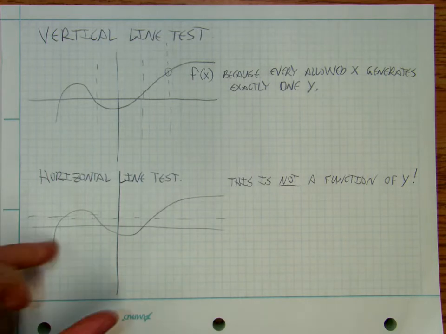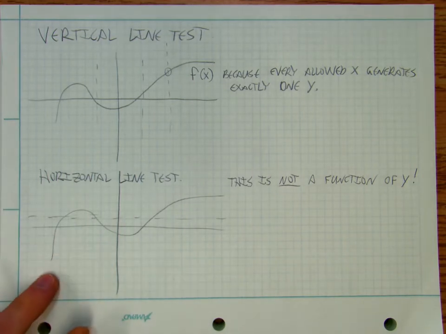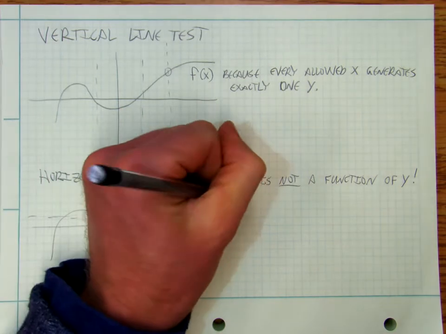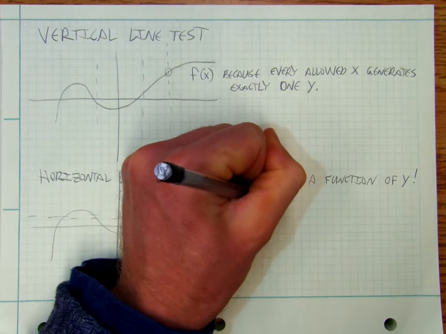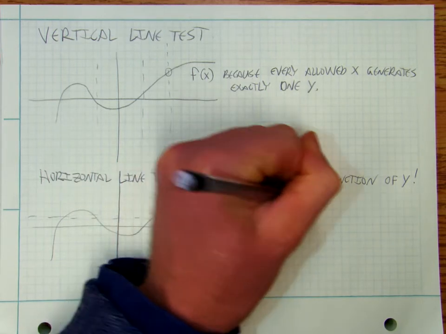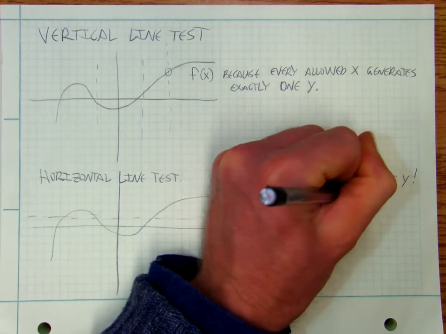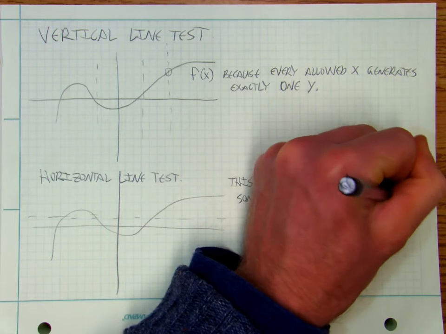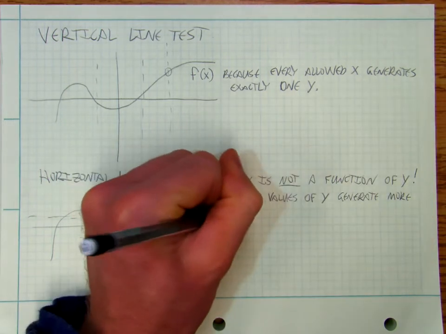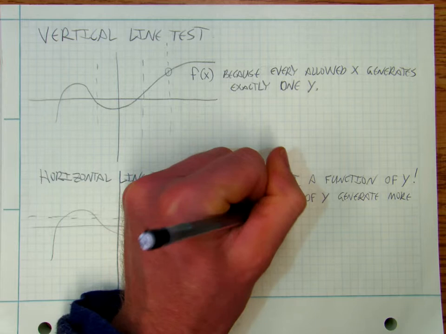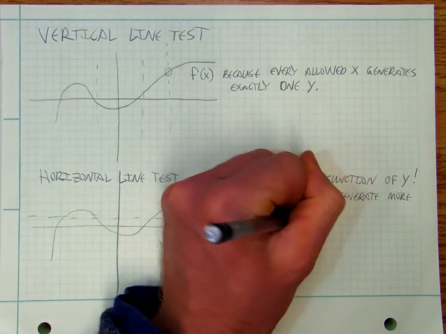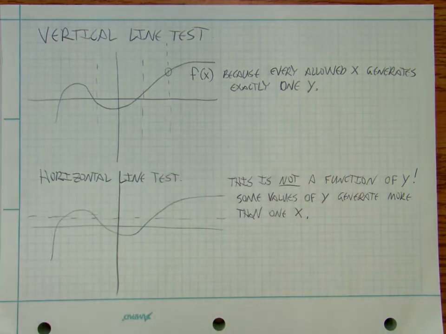Okay, so this is not a function of y, and it's not a function of y because some values of y generate more than one x. Some values of y generate more than one x, which is not allowed under the definition of a function.